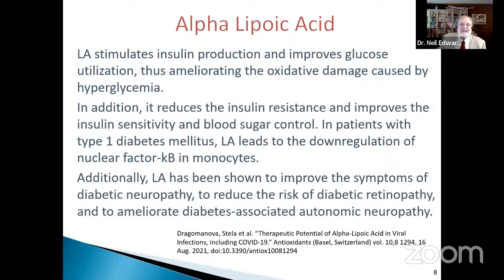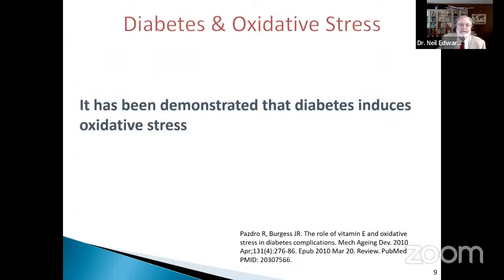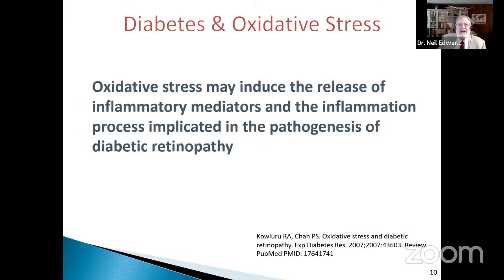Helping with insulin resistance and insulin sensitivity helps with blood sugar control. It also helps with symptoms of diabetic neuropathy and retinopathy as well. Diabetes causes oxidative stress, and that's one of the mechanisms by which diabetes causes damage to the body. Oxidative stress has an inflammatory component, and inflammation is involved in diabetic retinopathy as well as neuropathies.